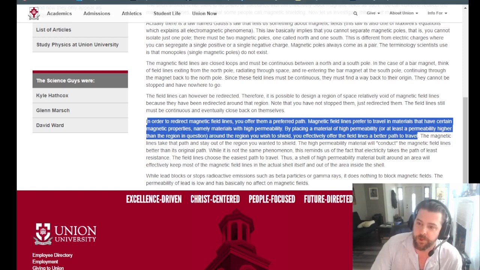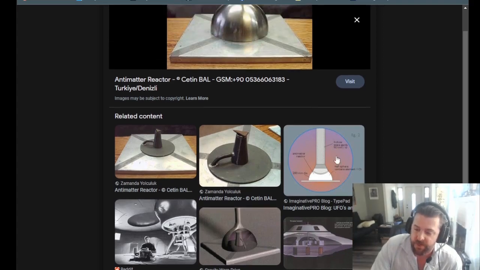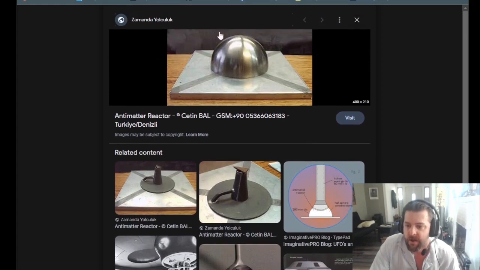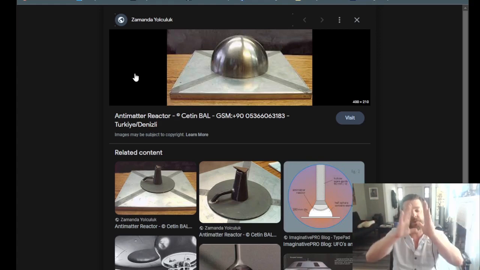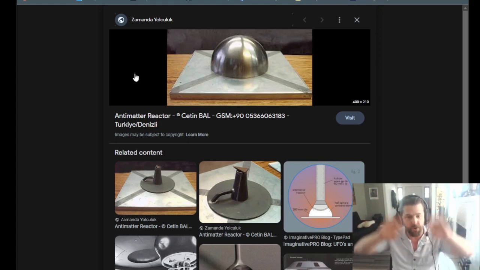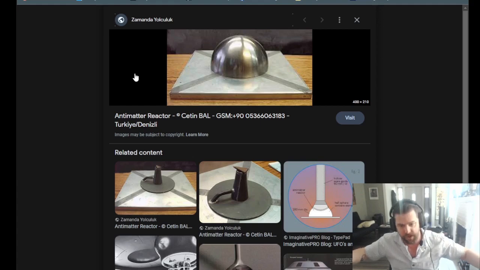So when they put this siphon, this pipe, this waveguide on this reactor when it's going and emitting a gravnetic field, all of that gravnetic field is now funneled through that waveguide to other parts of the craft where they do various things, like the gravity emitters, and make the craft go.